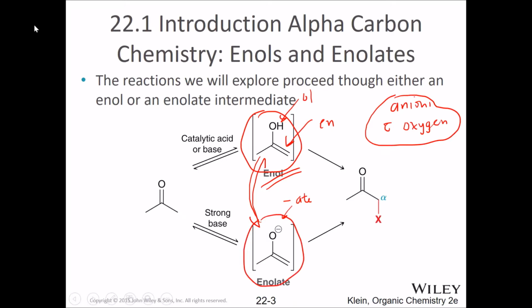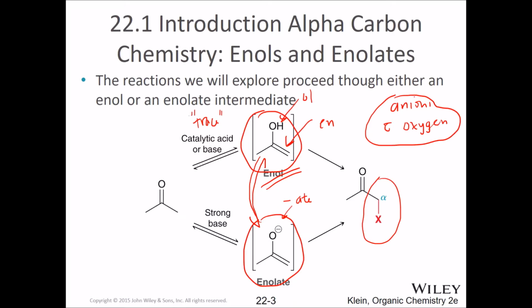Now, in order to get that, we're going to either use trace amounts of acid or base, or we're going to use a strong base, right? So that's how we're going to get them. We'll look at the mechanisms for it in a little bit, and this is sort of a sneak preview of what we're expecting to see at the alpha carbon.